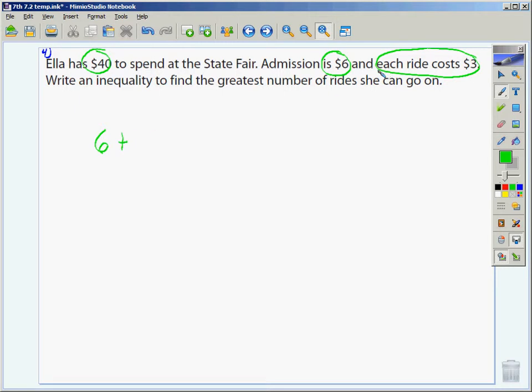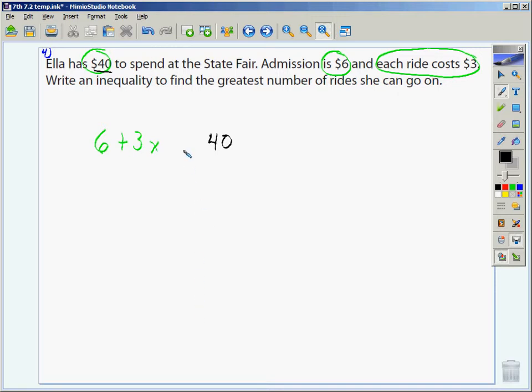The $3 each ride is 3 times X. And what we're going to compare that to is what? We're going to compare that to her $40. Okay? Could she spend, or could it be equal to 40?